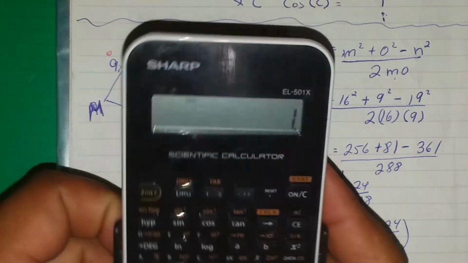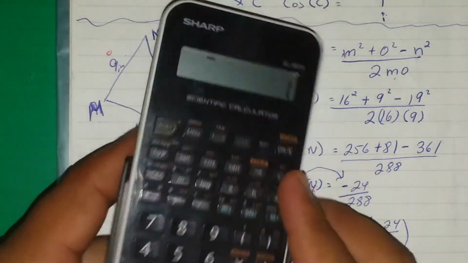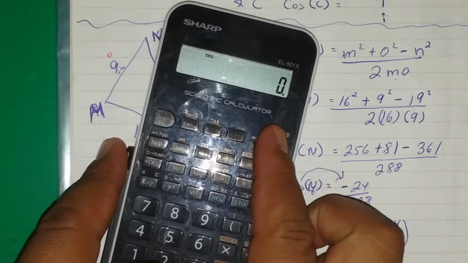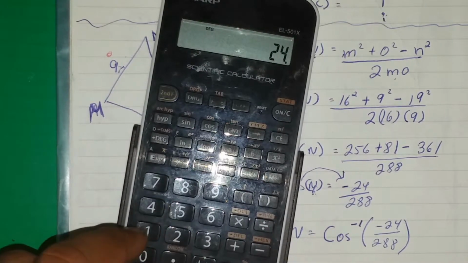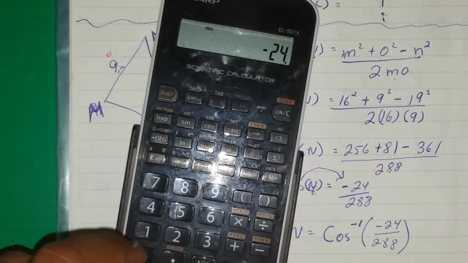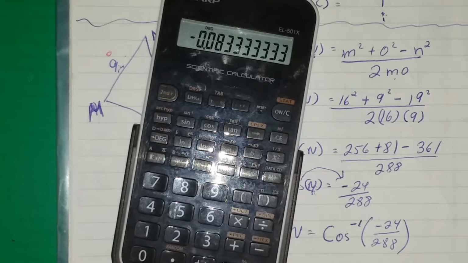Now some of you have a calculator similar to mine. If you have that, then you just divide negative 24 by 288. Notice that is what I would have gotten.